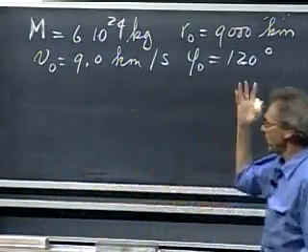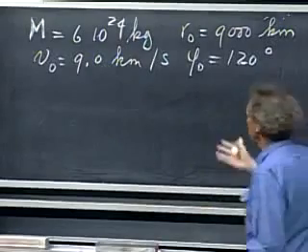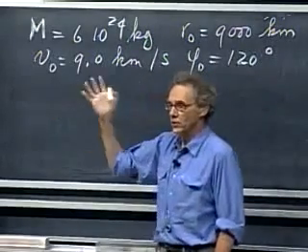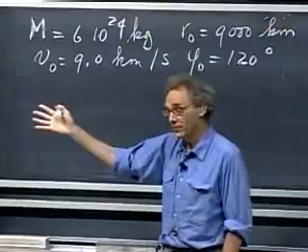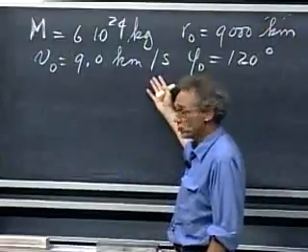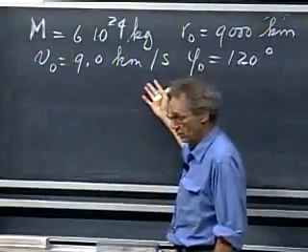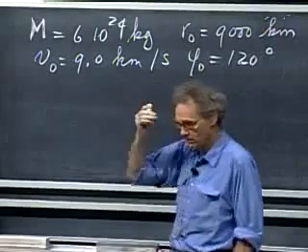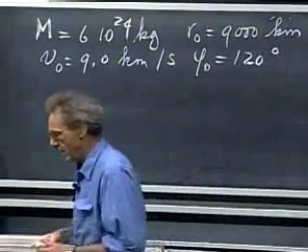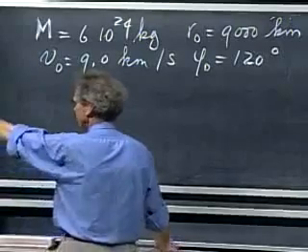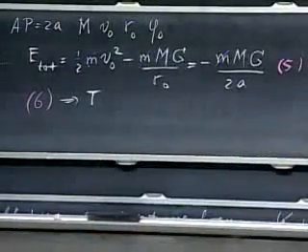First of all, with equation 5, you can convince yourself, sticking in these numbers, that the total energy is indeed negative. Of course, if I make the total energy positive, it's not an ellipse. So then it's all over. It is negative, it is an ellipse. So with equation number 5, I then pop out A, because that's one equation with one unknown. I put in the numbers.